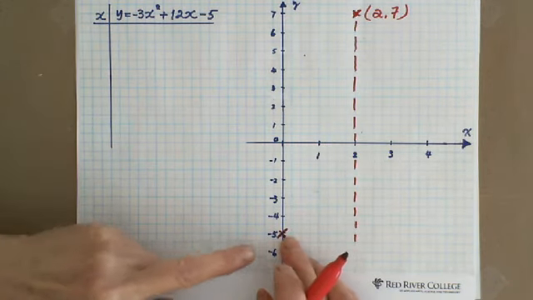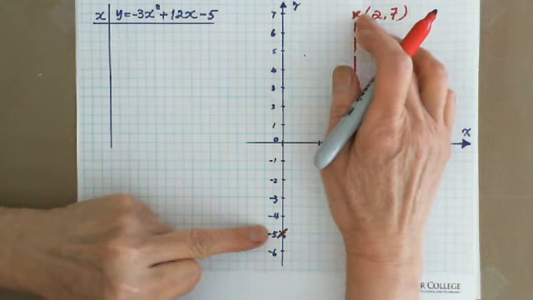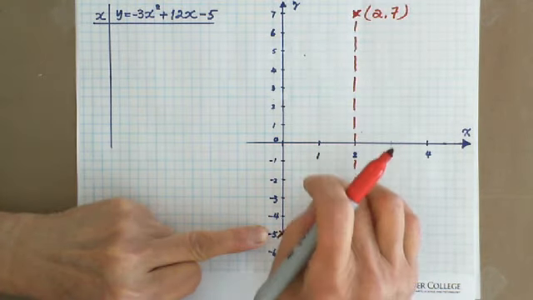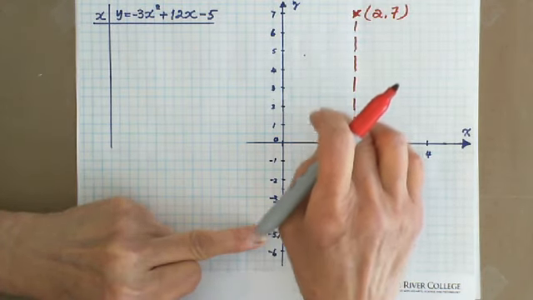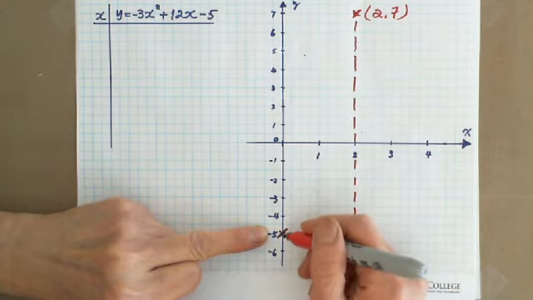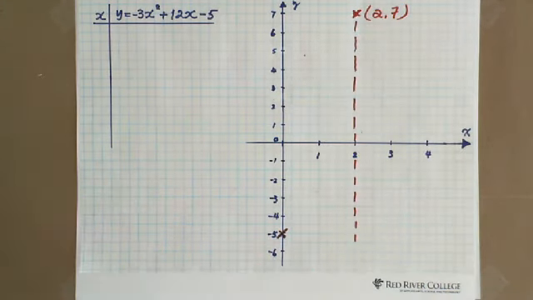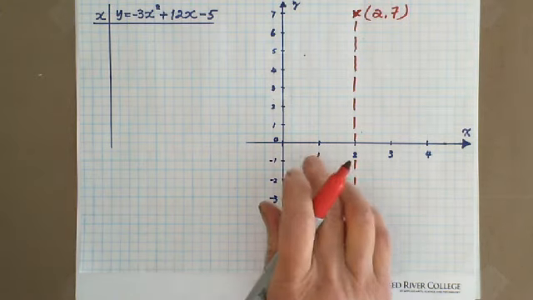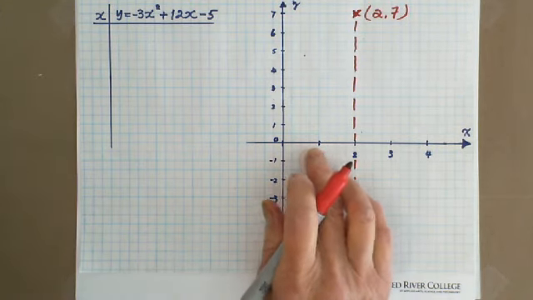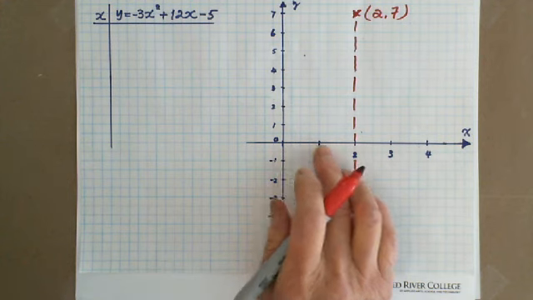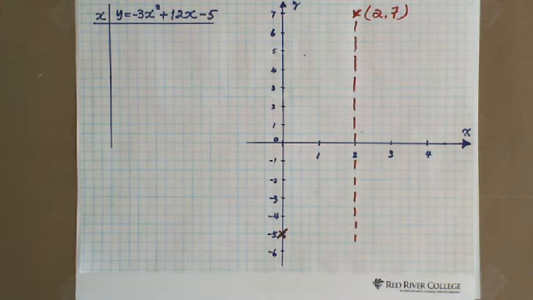From this point, you need at least 2 points. Then you join them, and you can predict whether the x-intercept is greater than 1 or less than 1, so as to estimate your solution.